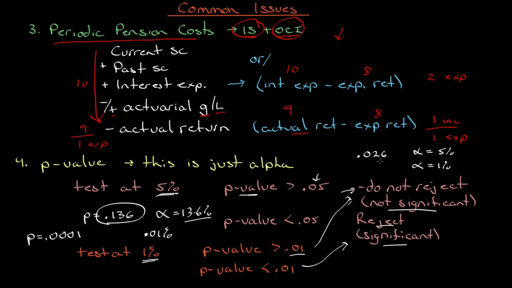That's what that 0.026 is telling us, is that we can reject at an alpha of 2.6% or higher, but not lower. So if alpha were 2.5%, well, too bad. Our p-value is 2.6%. That's the lowest alpha we can reject. So we could reject the null at 5%. We cannot reject the null at 1% because our p-value is 0.026.